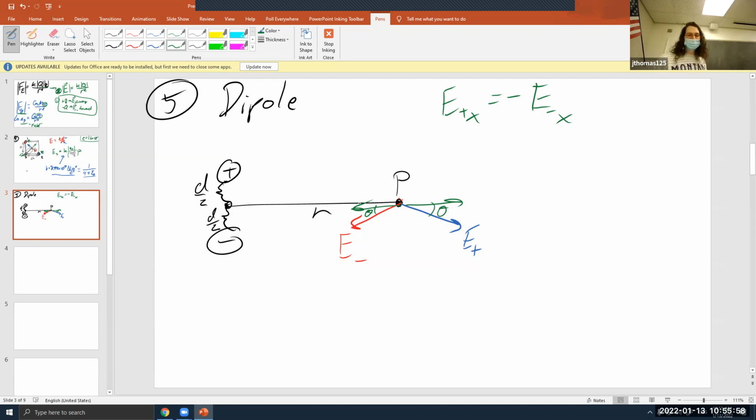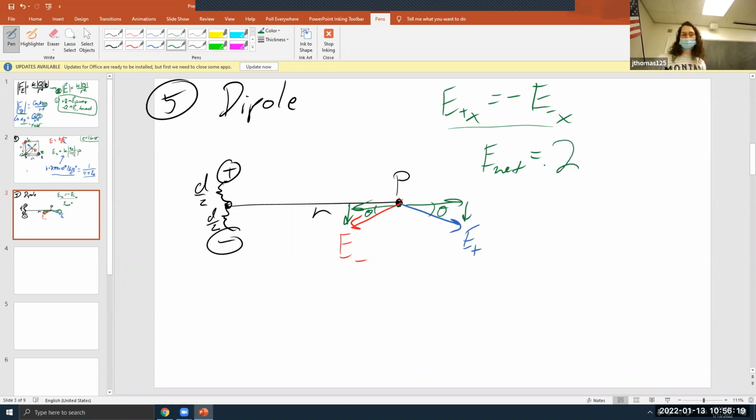So what does survive is the Y components of each. And so our net electric field is just going to be the sum of the two y components, right? But we could even go a step further and say, those are going to have the same magnitude, because by the same argument that we used to cancel x, those have to be the same.